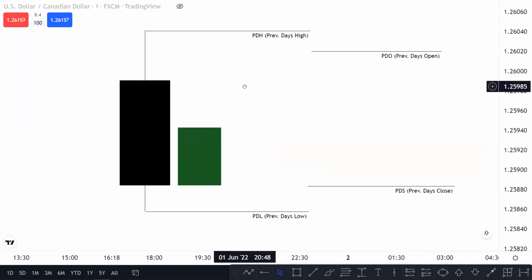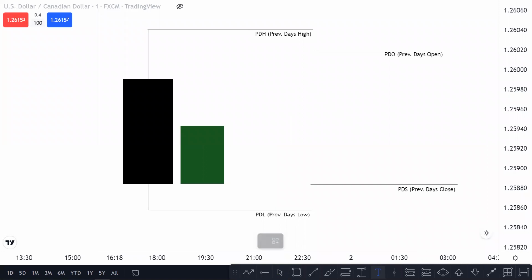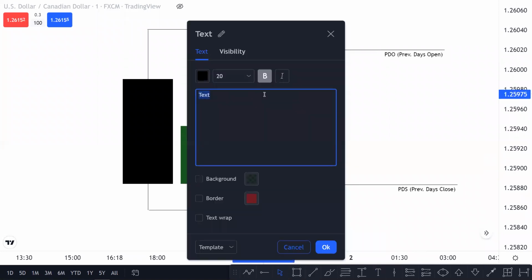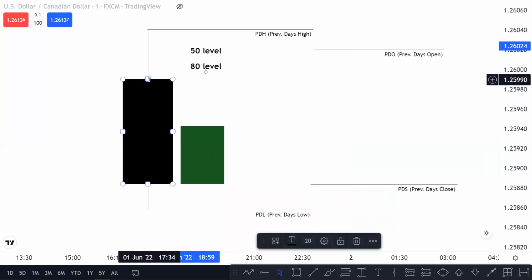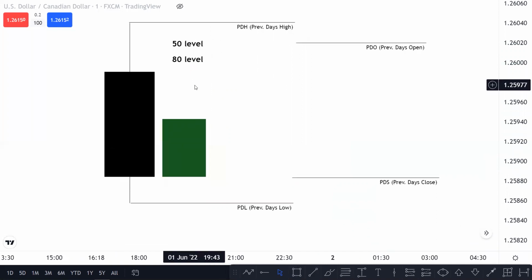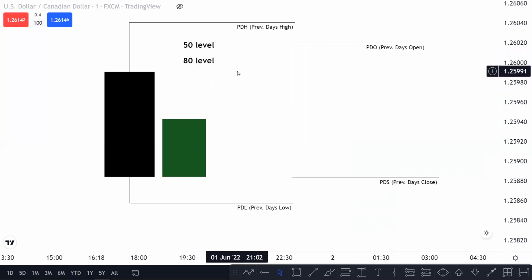Now, this is another concept. Just like I say, I own these concepts. I'm going to look for the 50 level and the 80 level. These are the only levels I am looking for. In the previous day's candle, I am not looking for a 20 level or a 0 level. I am looking for either the 50 level or the 80 level between the PDL and the PDH.